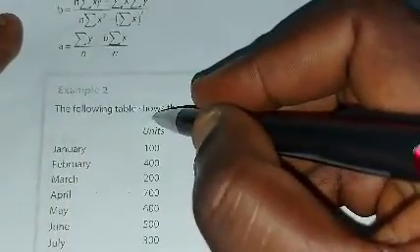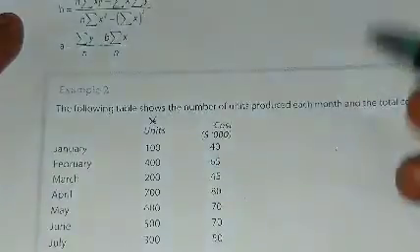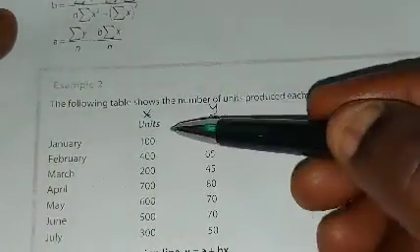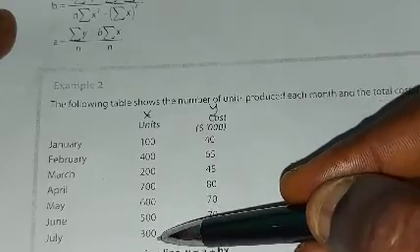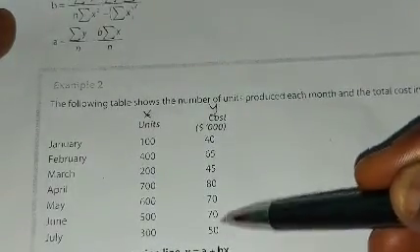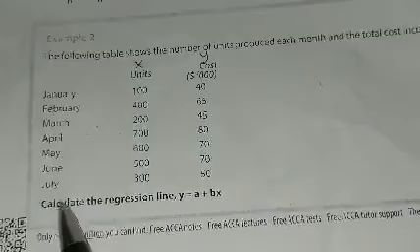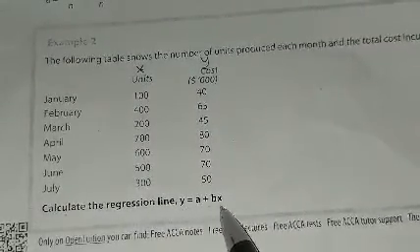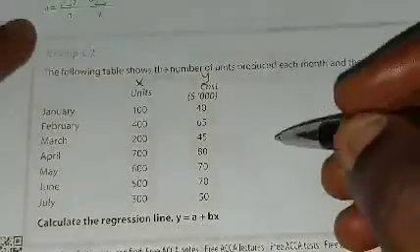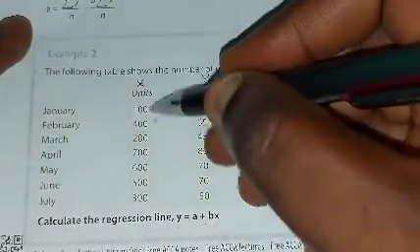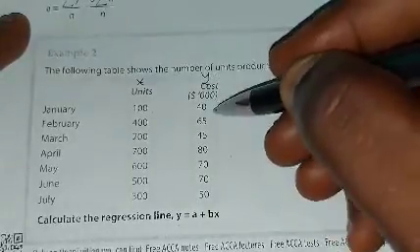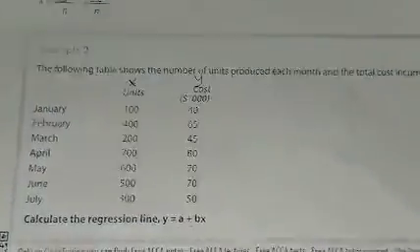Units produced will be represented by x, while the cost will be represented by y, because without producing, you cannot incur this cost. You are asked to calculate the regression line, y equals a plus bx. So this is a typical question.